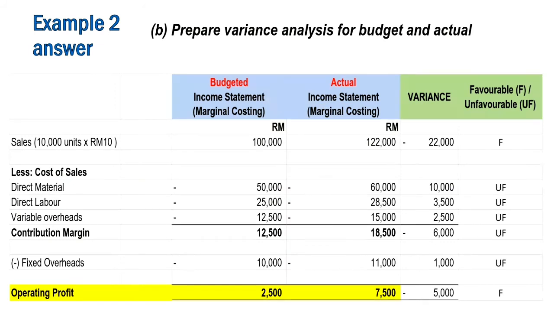For question B, the question asks us to prepare variance analysis. When you see the word variance here, it means that you have to compare between budget and actual. So you can see in the table here, the actual is the calculation that we already calculated in the earlier section, 7,500 profit.